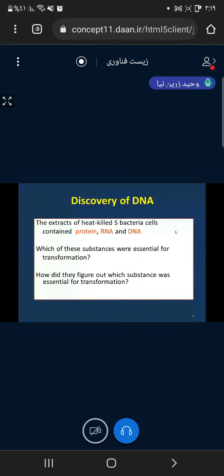The genetic material could be protein, RNA, or DNA. Which of them is correct? Which of these substances were essential for transformation? There are two questions: which of these substances were essential for transformation, and how did they figure out what is responsible for transformation?